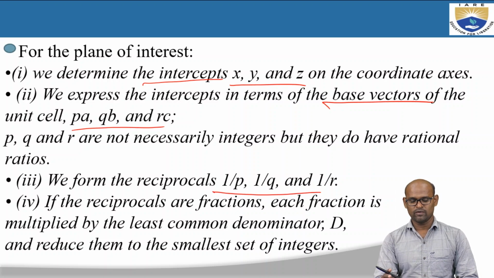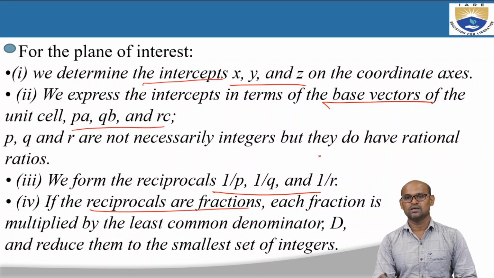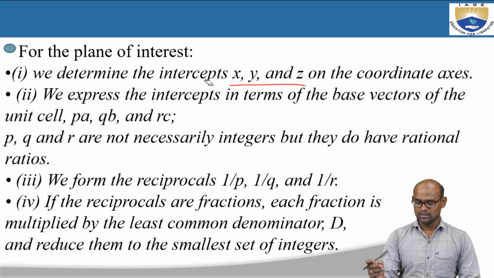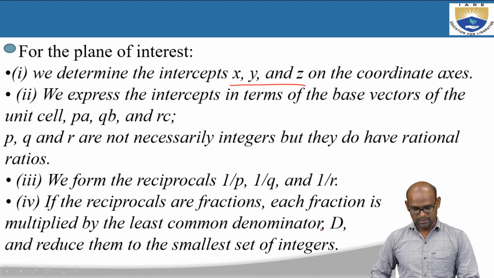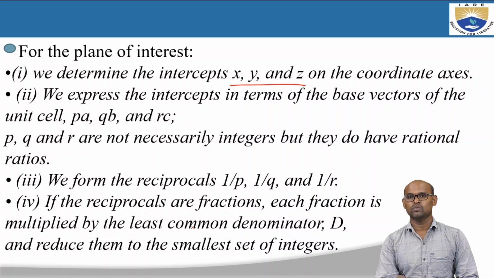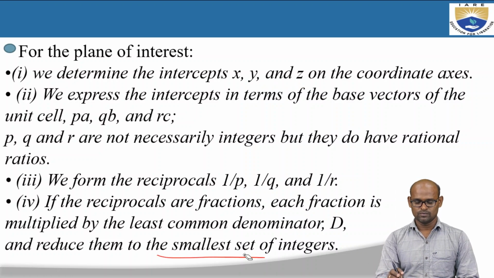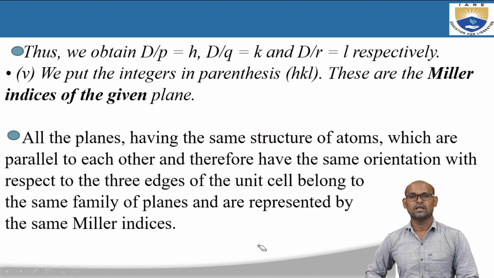And then if you have any fractions in the reciprocals, 1 by p, 1 by q, 1 by r, if these are the reciprocals of the intercepts, then we are going to multiply these reciprocals with the least common denominator, right? Once we multiply these reciprocals of the intercepts with the least common denominator, we are going to find out the set of smallest integers, which are called Miller indices.